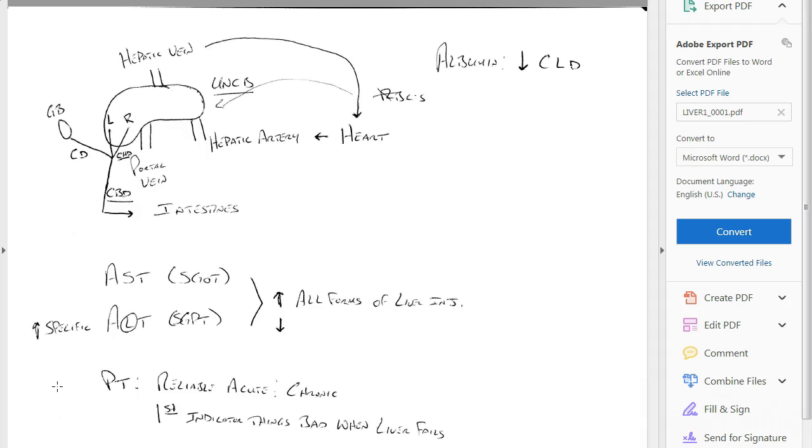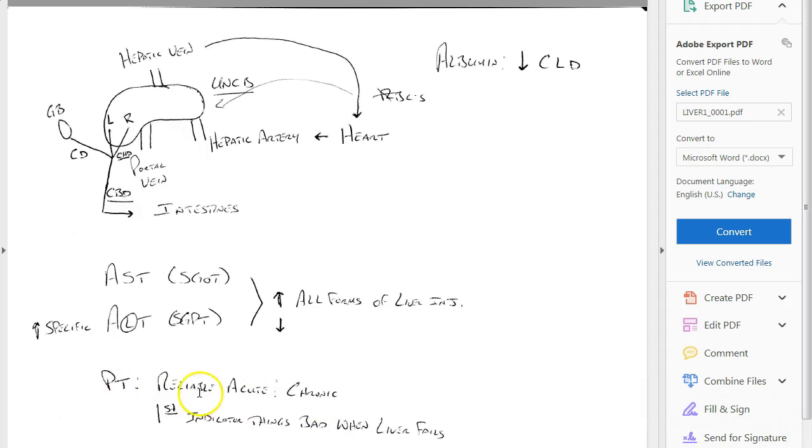Anyway, the key thing with your PT and INR, it is reliable in the setting of both acute and chronic liver issues, injury or disease. Okay? Typically, hopefully you guys know this by now, there's a 10-to-1 ratio that you typically get with the PT to INR.